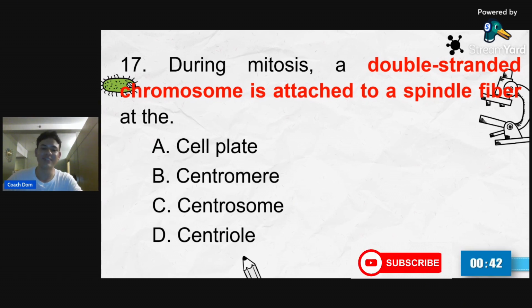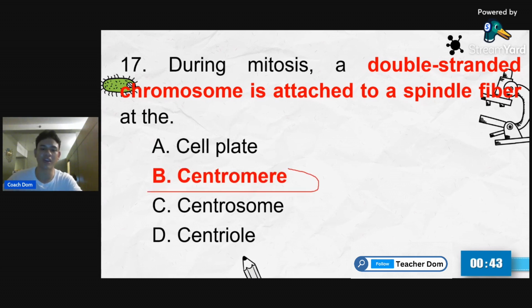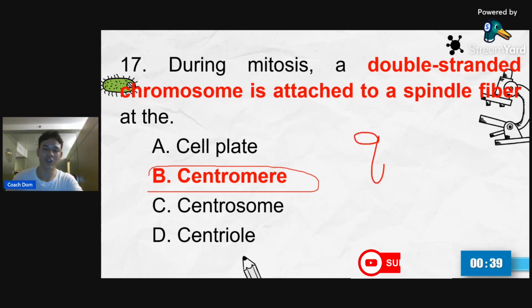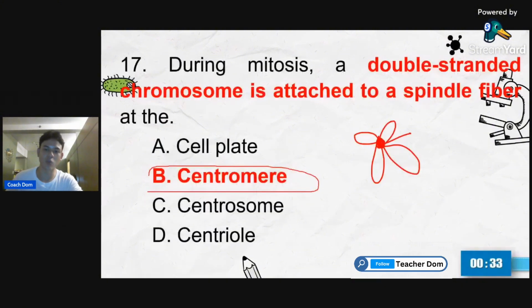Laban po tayo, guys, para sa lisensya. The correct answer po dito for question number 17, that is letter B, we have centromere. So centromere, ito yung center ng ating chromosome. So yung center po natin dyan, that is what we know as the centromere.